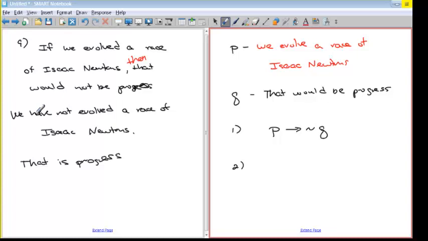The second premise is we have not evolved a race of Isaac Newtons, so the second premise is the negation of P. So those are the premises.